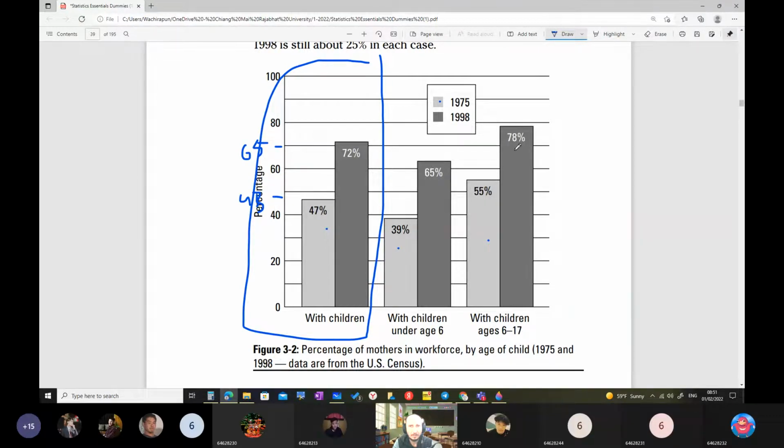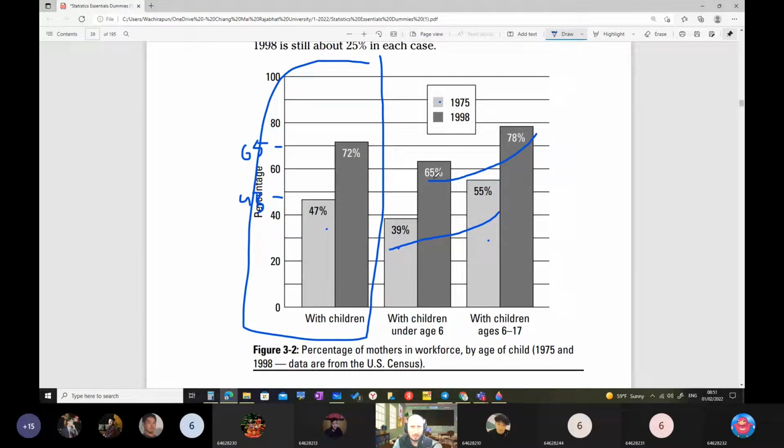But 6 to 17, 78. What it means is when children get older, in 98 mothers were working, and same thing about 75, right? And we can compare the numbers. 65 with 55, 30. So we can compare different years, right?